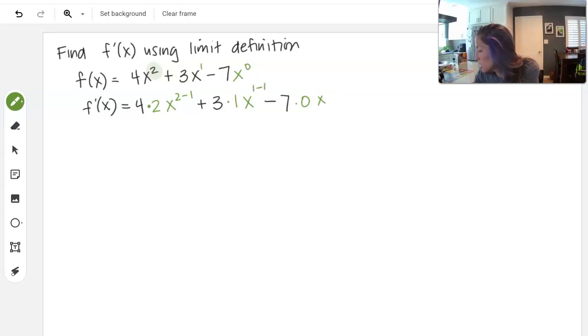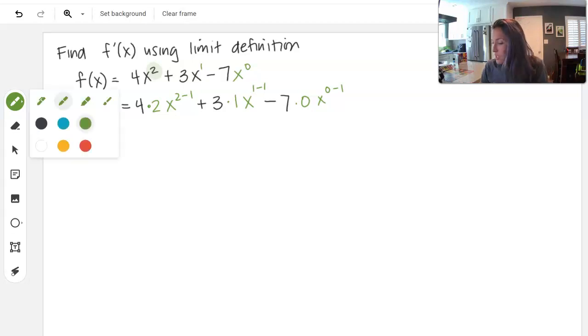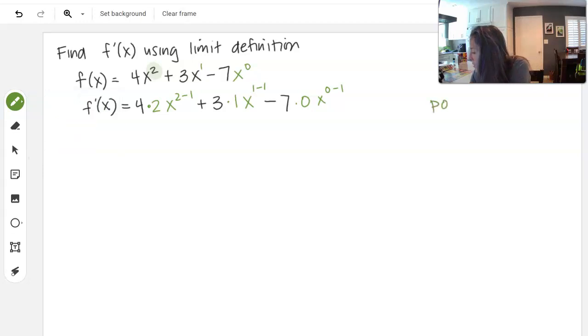I'm just doing this because when we saw all those definitions, sure enough, we were given a rule for a constant. We were given a rule for just x. And Stan pointed out that really those rules all come down to the power rule. If we just have that one rule, our power rule, we would be able to have all of it. None of them were anything different. It applied for all of them.